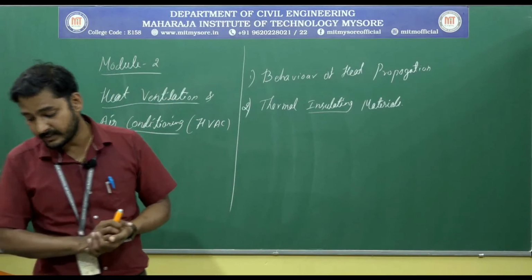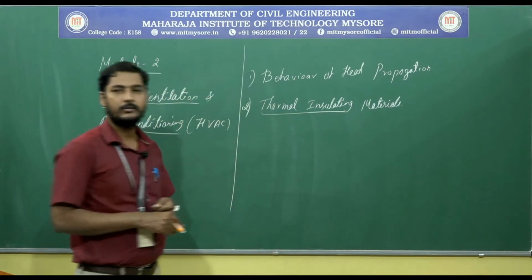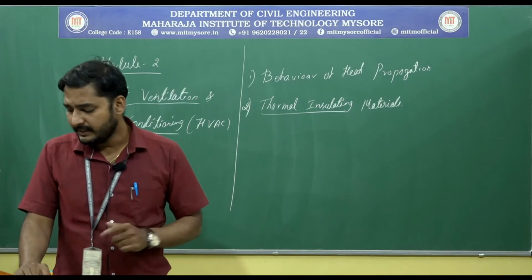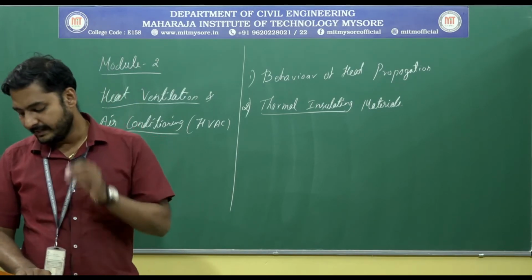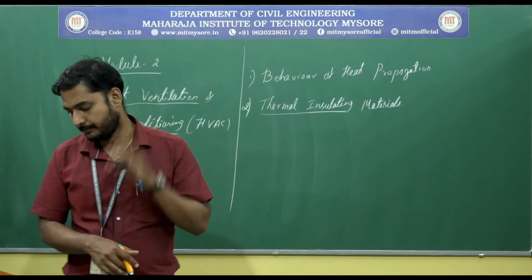Now we need to understand what thermal insulation is. Where there is a difference in temperature between the inside of a building and the outside atmosphere, heat transfer takes place from the area of higher temperature to lower temperature.